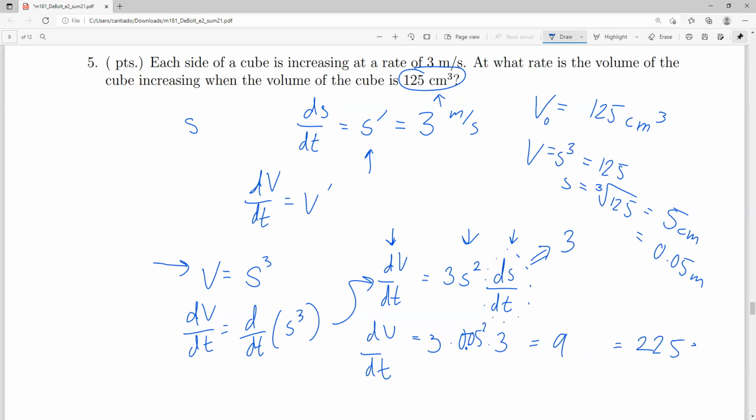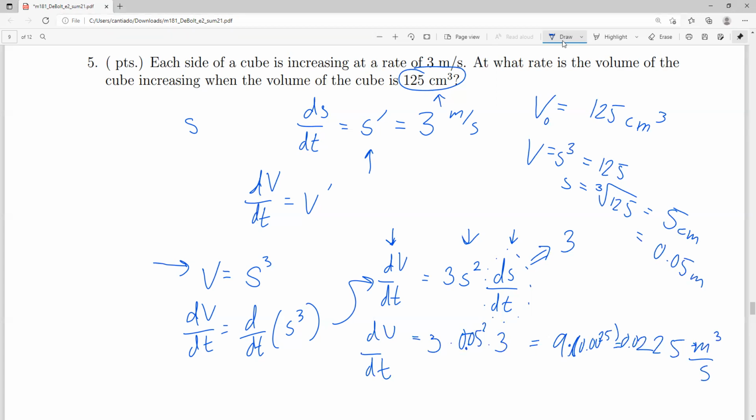Let's calculate that. 0.05 times 0.05 is 0.0025, and then times 9 is 0.0225, and this will now be in meters cubed per second.